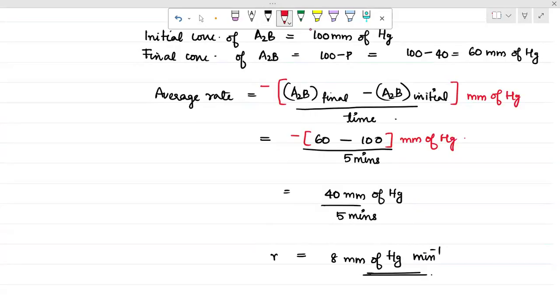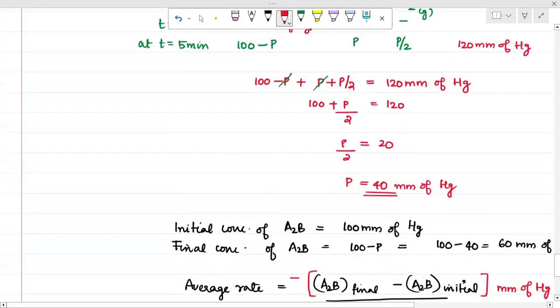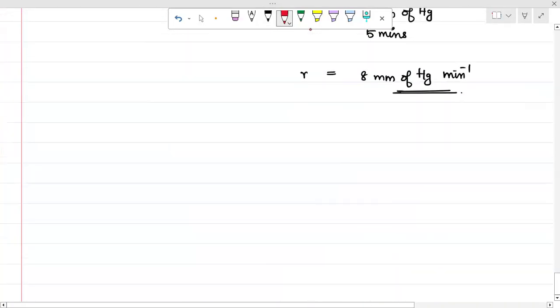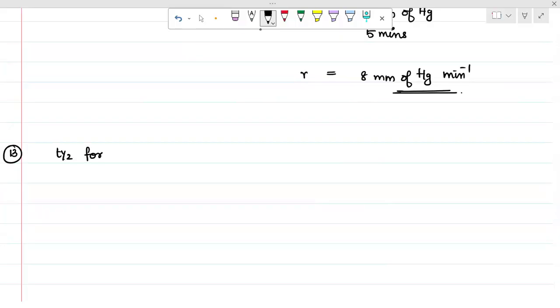Two questions for homework. It was question number 12, right? Question number 13. T half for A giving P, a zero order reaction, is 20 minutes.